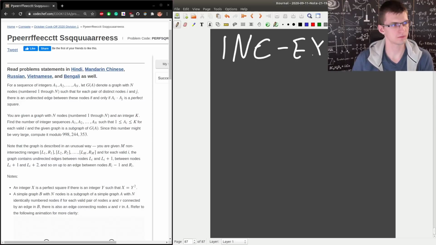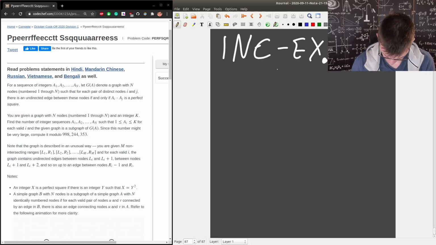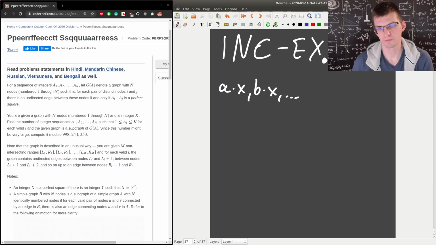Inclusion, exclusion. So for every x, I added this 3 to 11 to, or whatever, something to 11 to the answer. This is incorrect if each of those multiples is divisible by something.